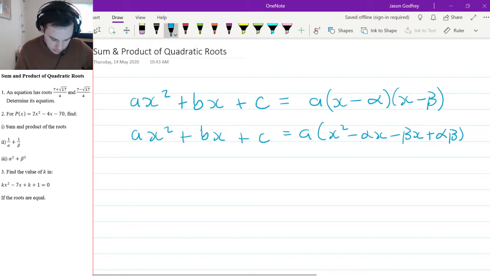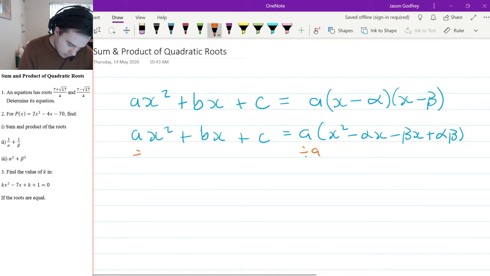Now it's actually going to be easier if we divide throughout by a, because then we don't have to deal with this factor here. So we're going to divide everything by a on both sides. A divided by a cancels out.